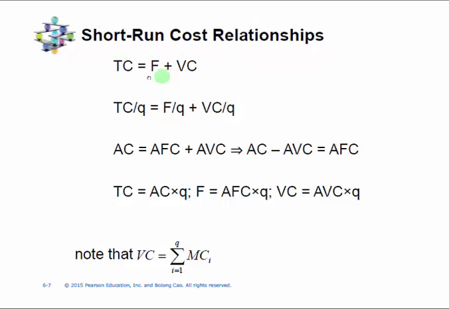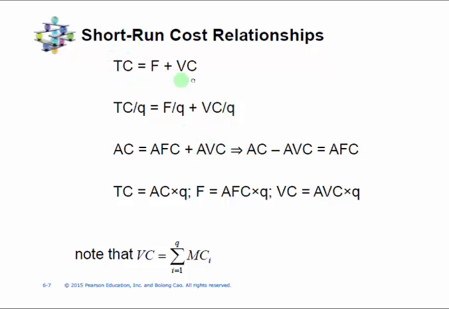The origin is the simple fact that total cost equals the fixed cost plus the variable cost. And then you divide by Q, the quantity, on both sides of this equation, you will get the total cost divided by Q, which gives you the average cost, equal to the average fixed cost, which is the fixed cost divided by Q, plus the average variable cost, which is the variable cost divided by Q, right?